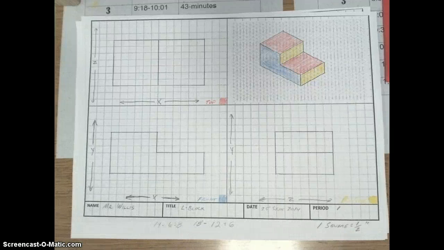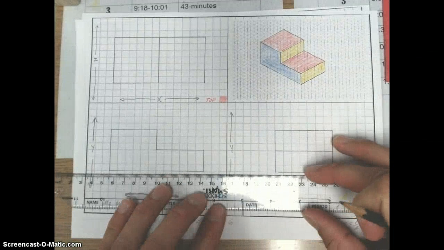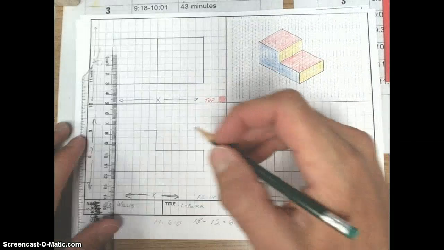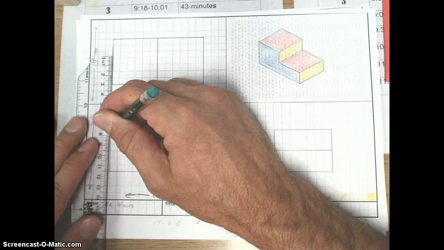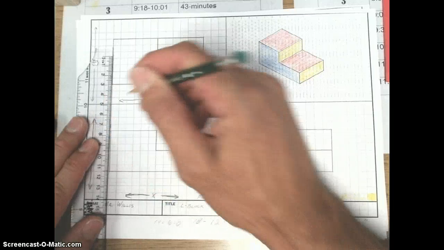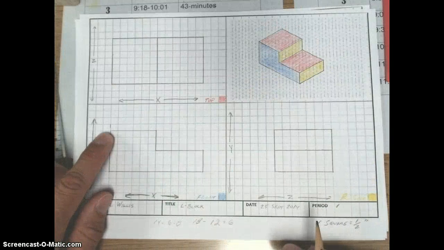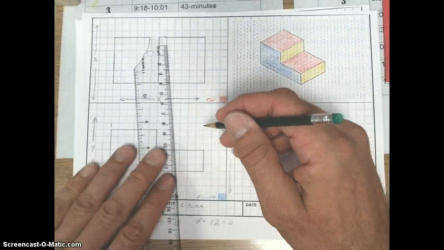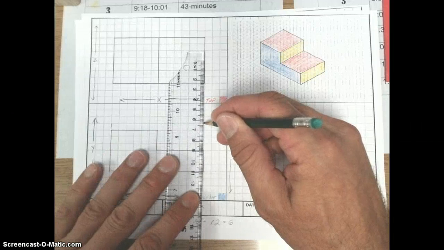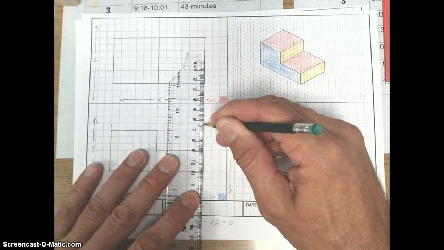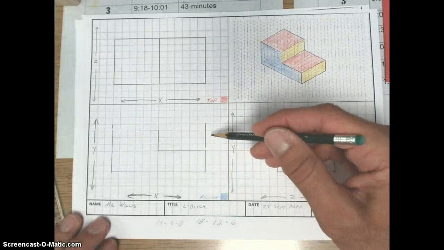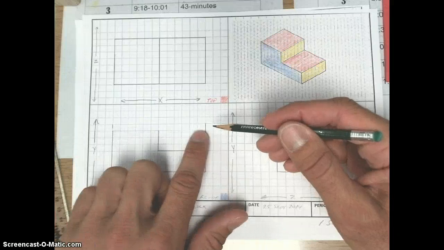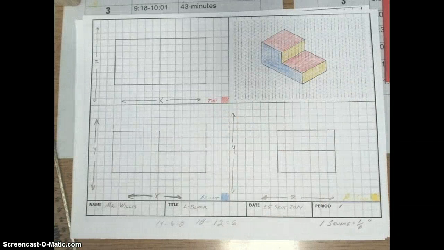Okay? So to begin with, the first line that we're going to draw is called an extension line. And it's going to start about half of a square, or 1/8 of an inch, off of one end of your object. And then I'm going to do the same thing over here on the other end. Notice that on the right side, my extension line is a lot longer for it to line up with my other extension line.